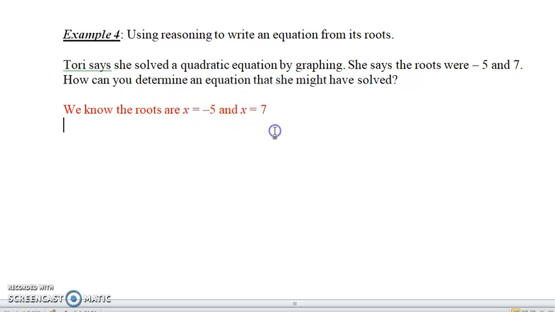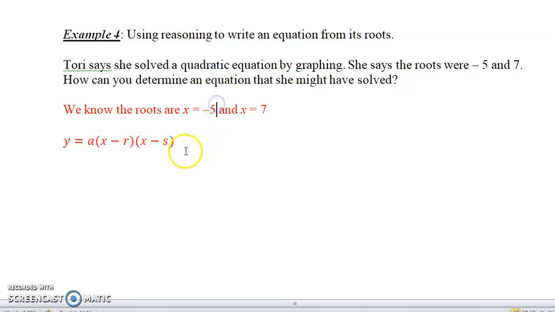All right. So we can use what's called the factored form of the quadratic, right? So we know that y is equal to a, and we have an a value, not that we have to solve for it here. So a times x minus the first root, we call it r, and x minus the second root, we call s.